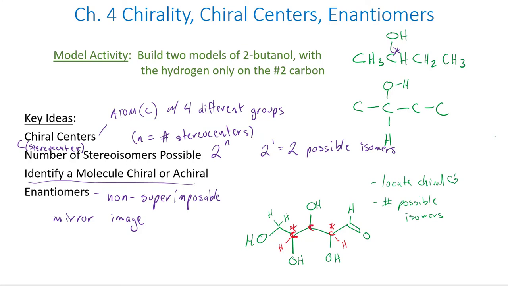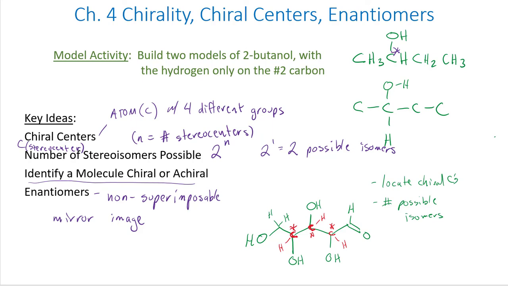As it turns out, this carbon, which has a hydrogen and an OH, is also chiral, and even though there's a CHOH on both sides, for the groups to be identical, they would have to be identical all the way through the end of the chain. In this direction, we've got the CHOH, but then we have a CH2OH. In this direction, we have the CHOH, but then we have a C double bond O H. Those 2 things are different, which makes that carbon in the center chiral.